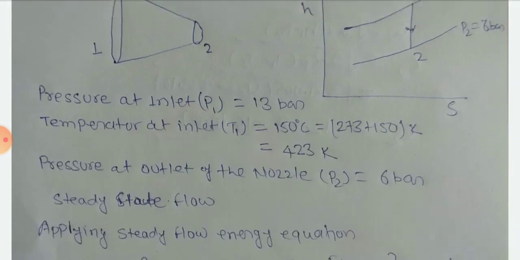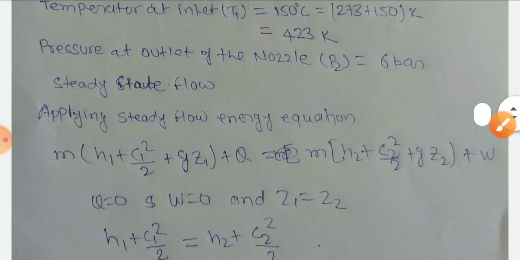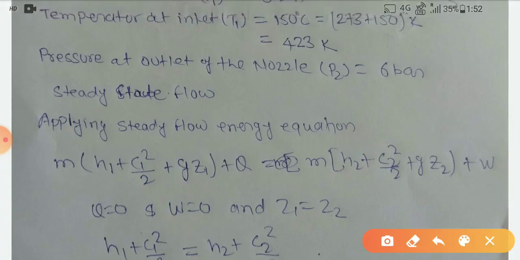Here I apply the steady flow energy equation. You can write m into (h1 plus c1 square by 2 plus g z1) plus q equal to m into (h2 plus c2 square by 2 plus g z2) plus w.